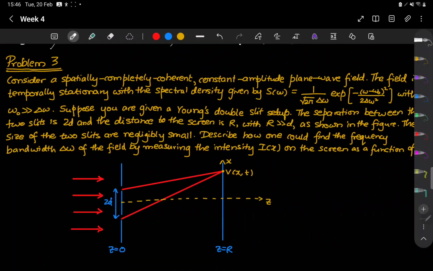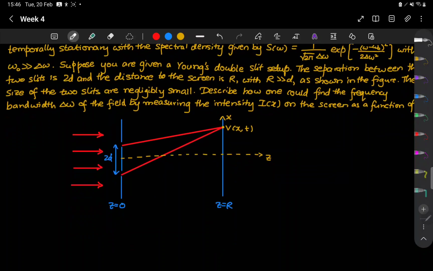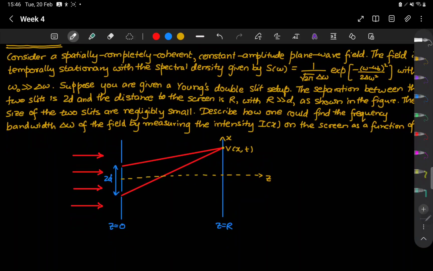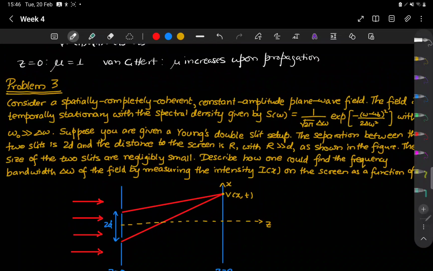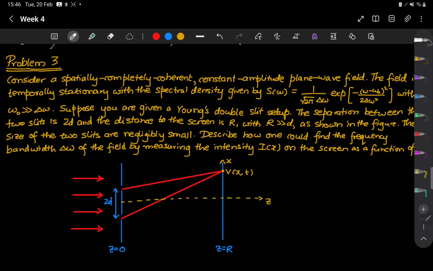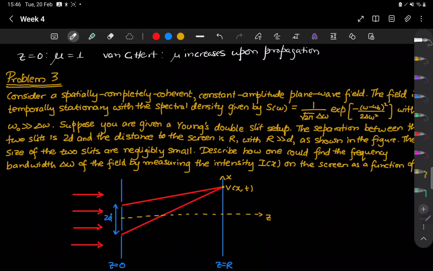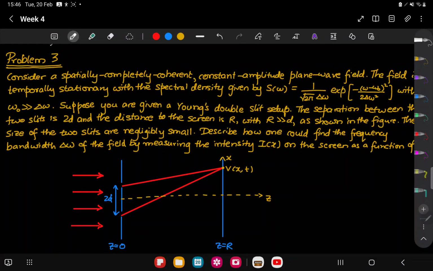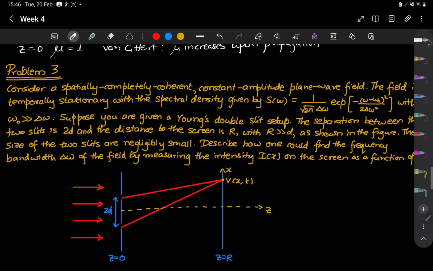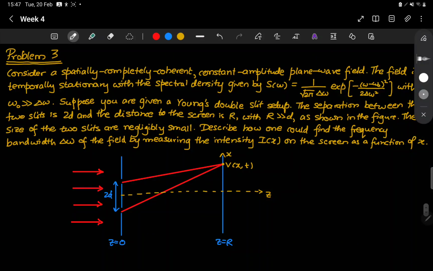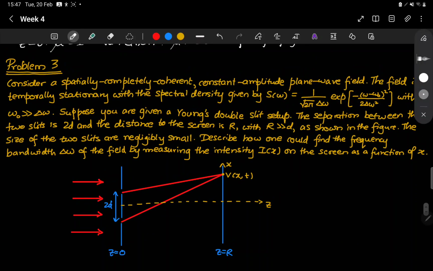We will start with problem 3 in the next problem solving session, before solving some new questions, because today the time is not there. Time is very short for us. We have only about 10 minutes. So what I can do is, maybe I will just read out the question for you so that you understand what is to be done, and you can also try and attempt this question before the next class.